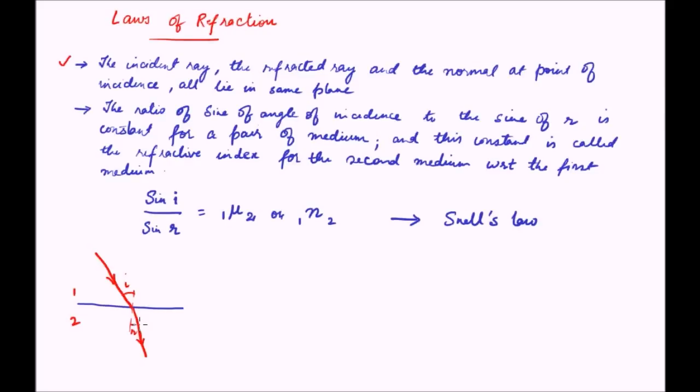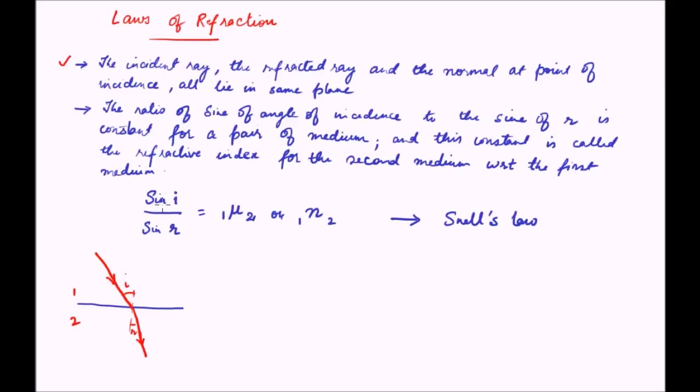So let's imagine that, as in this case, the refractive index of the second medium is larger than the first medium. This is optically denser, so the refractive index is higher for second with respect to first. Therefore this is greater than 1.